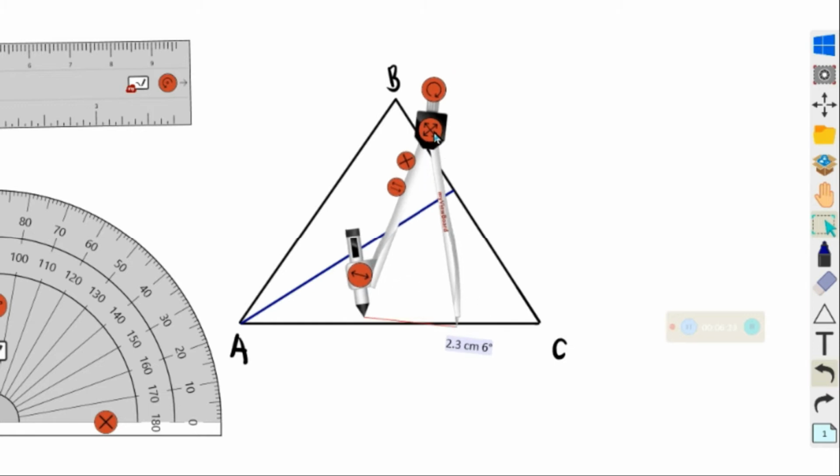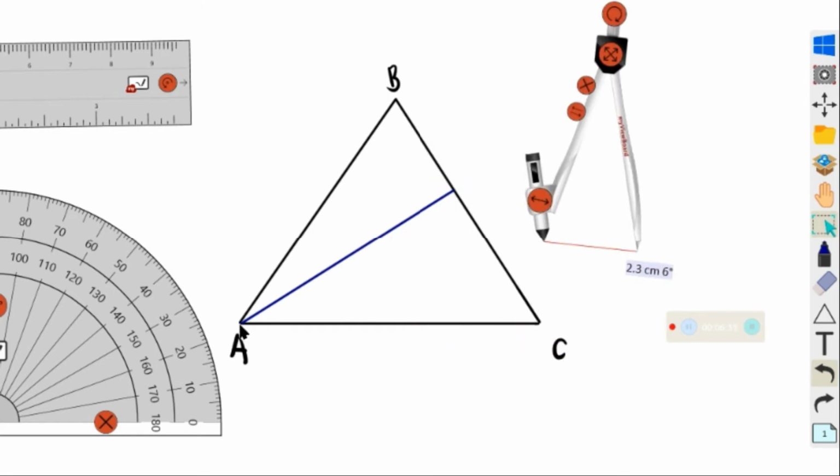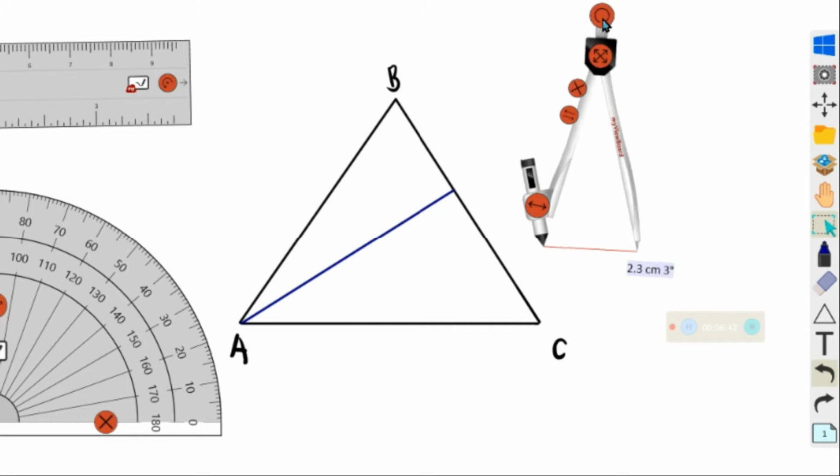Bago tayo gumawa ng arc, make sure na more than siya dun sa halfway nung distance nung dalawang point of intersection. And then, saka tayo gagawa ng arc inside and then outside. At yung mga point of intersection na yon, yun yung titingnan natin to draw the altitude. Okay? So, that's how we can construct an altitude or altitudes using compass, ruler, and a protractor.